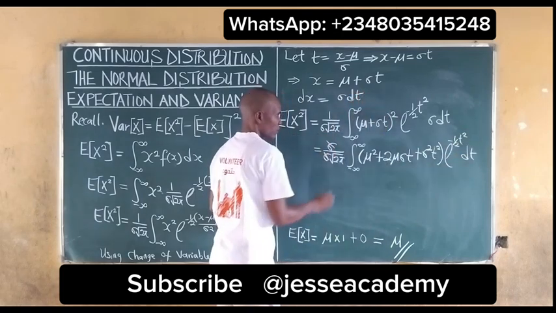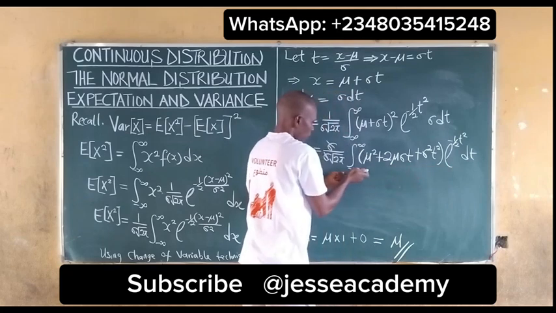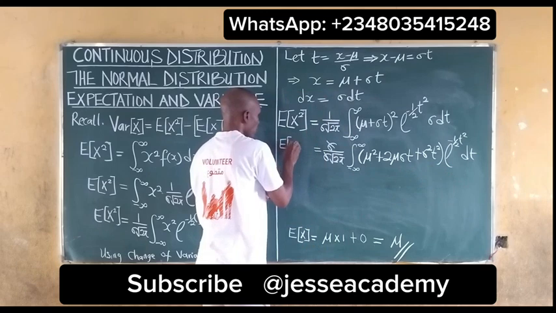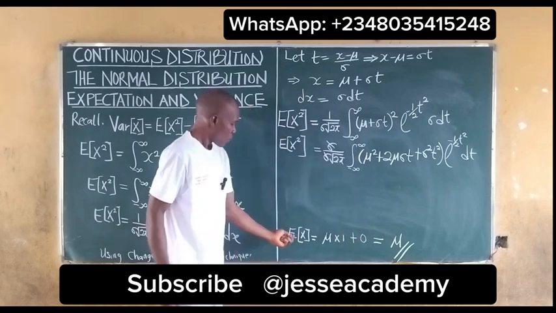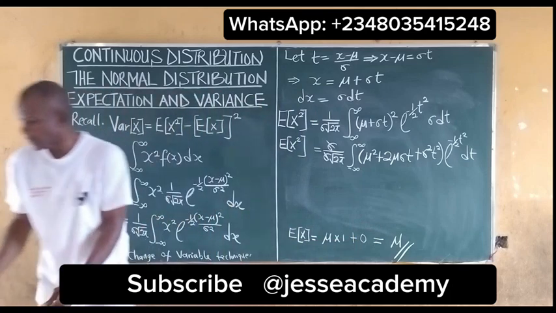So this will cancel this. The next thing to do, we now bring the whole of this together. Of course, this is our expected value of x squared. So I'll delete this. Already we note that the expected value of x is mu. So I'll delete that.